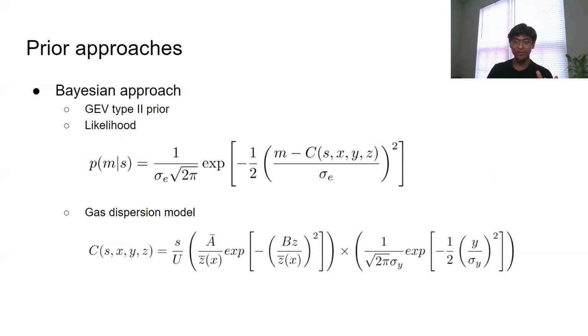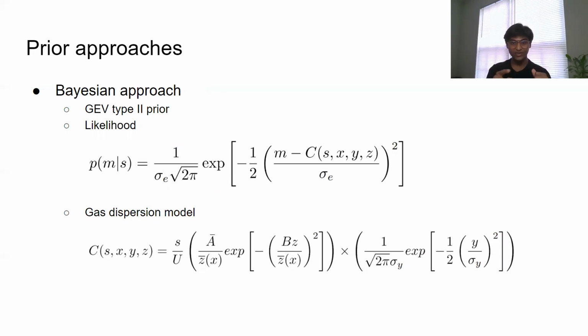And the likelihood P of M given S, where M is a single data sample collected from the field, which tells us the concentration of a gas in a particular location, given the leak rate S. The likelihood P of M given S models the probability of a collected data sample M given a particular leak rate S with an exponential function.